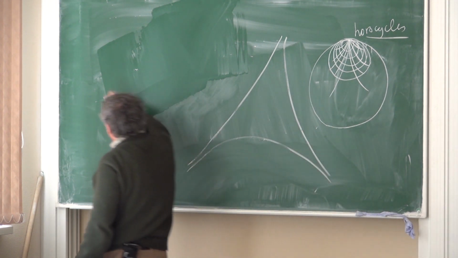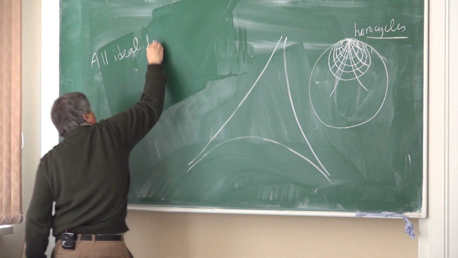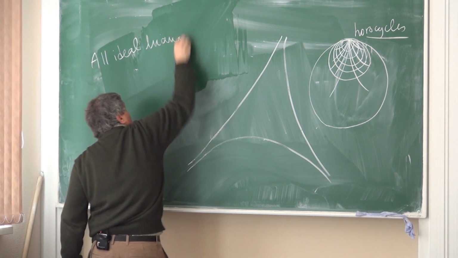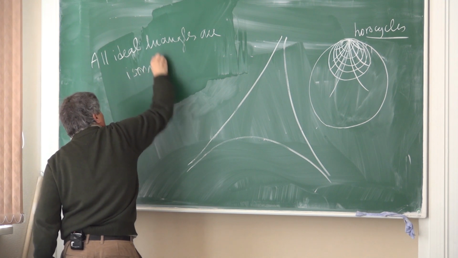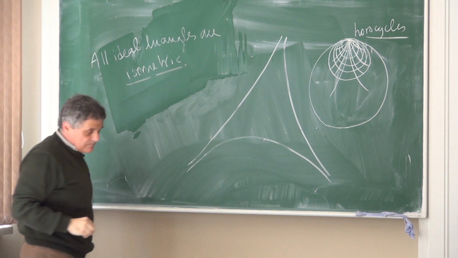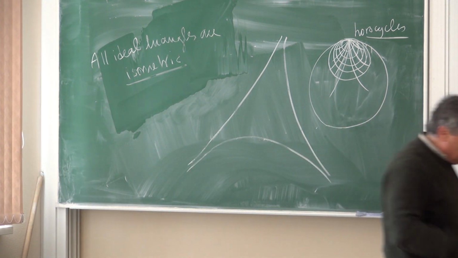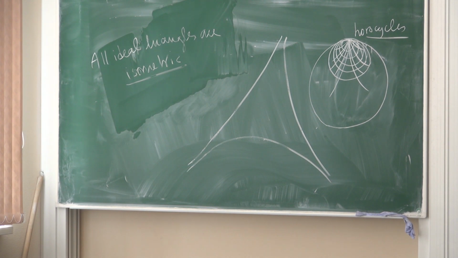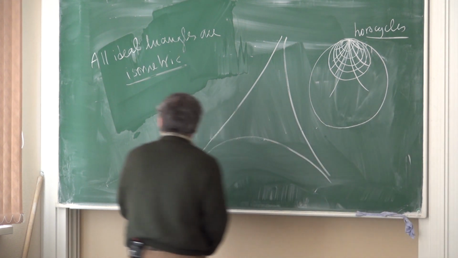All ideal triangles are isometric. There are several ways to see this. In principle, I don't like to give the usual argument, so my argument is this one.